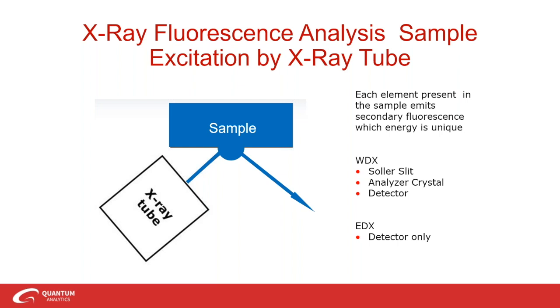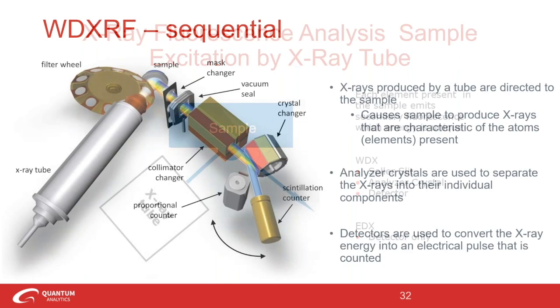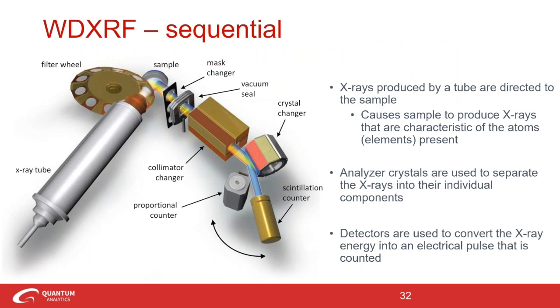Both energy and wavelength dispersive XRF systems may provide primary filters to suppress undesired parts of the spectrum, or they may work to suppress spectral lines, impurity lines, or improve peak to background ratios. So you'll see this as we get into some of the drawings of these instrumentation types, right?